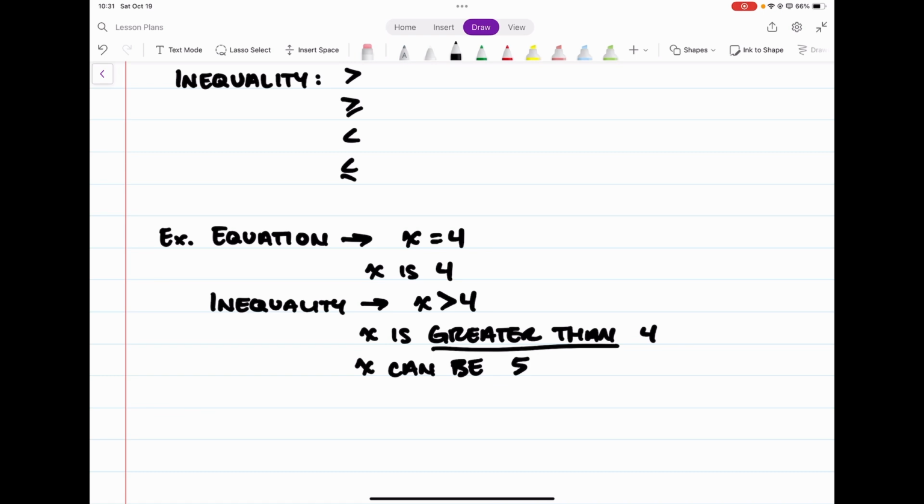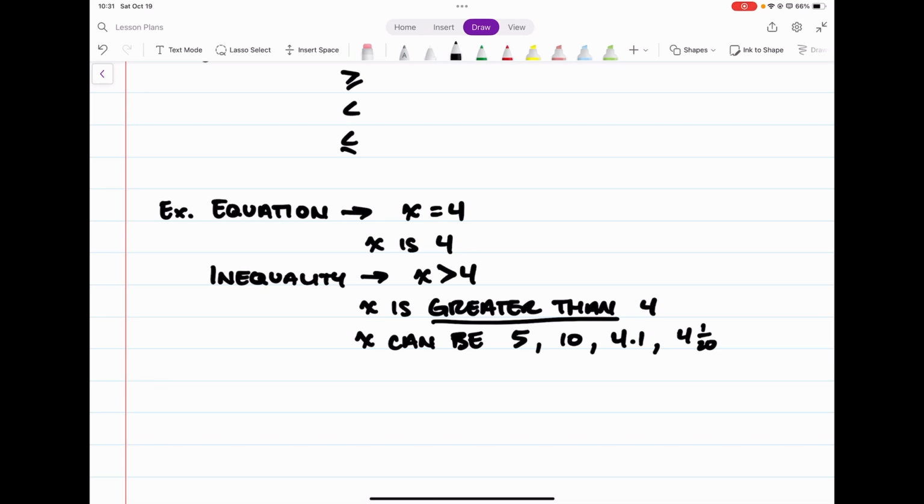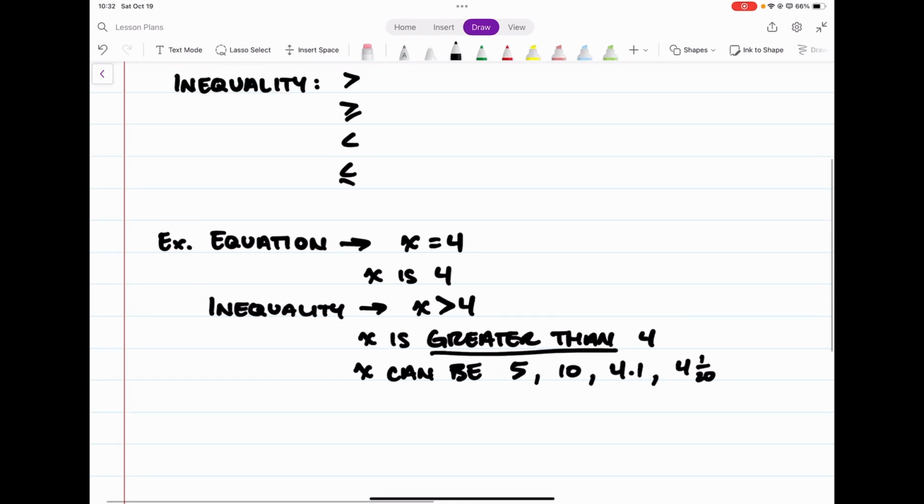So 5 is definitely greater than 4, 10 is definitely greater than 4, 4.1 is greater than 4, or 4 and 1/20th, let's say, is greater than 4. In fact, usually we would say that x is all of these numbers. So it's any number that you choose that is greater than 4, that x can be equal to.